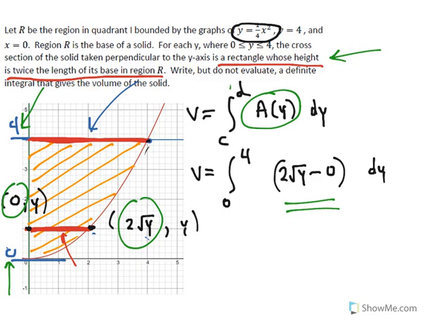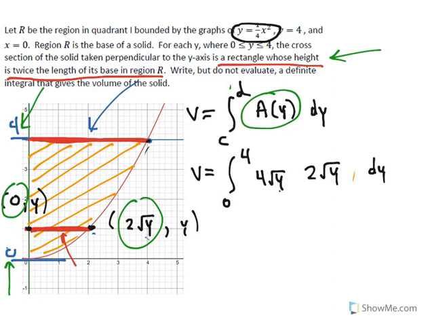It is also a function of y, but we know that it will be, in fact, twice as much as whatever the base is. So we know the base is given by this function of y, which we can simplify to just 2 times the square root of y. When you subtract 0, it doesn't really change anything. So we have 2 times the square root of y for the base. And we know that the height will be twice that, which means it'll be 4 times the square root of y.